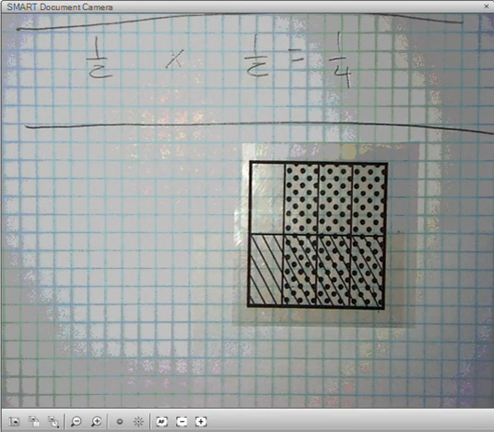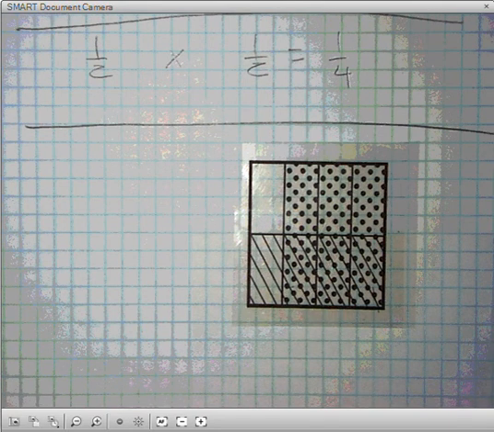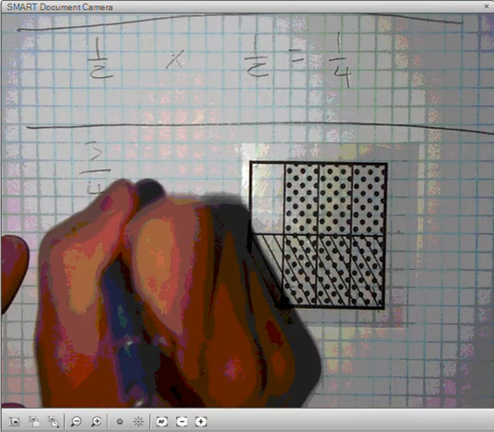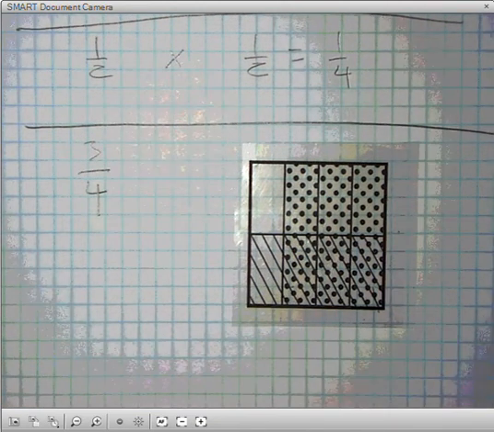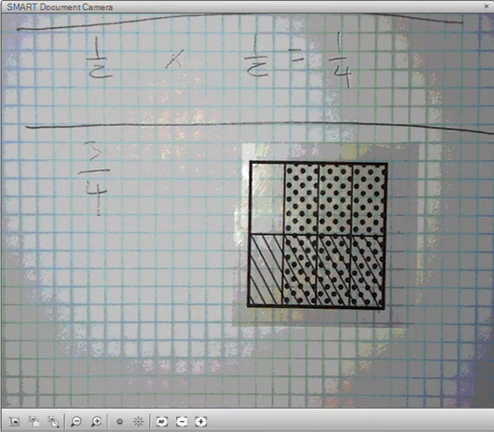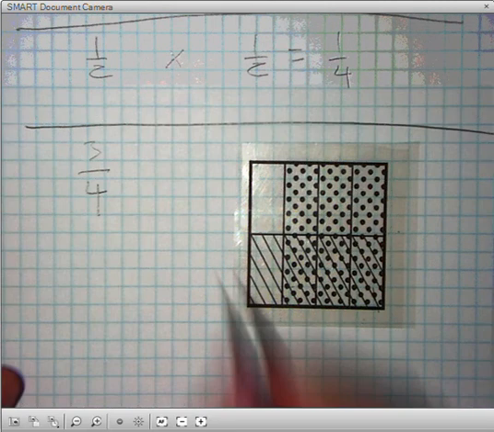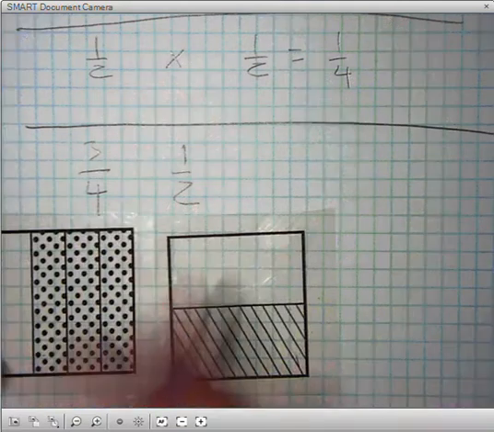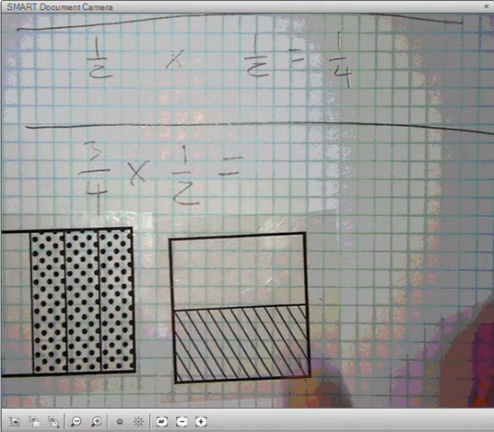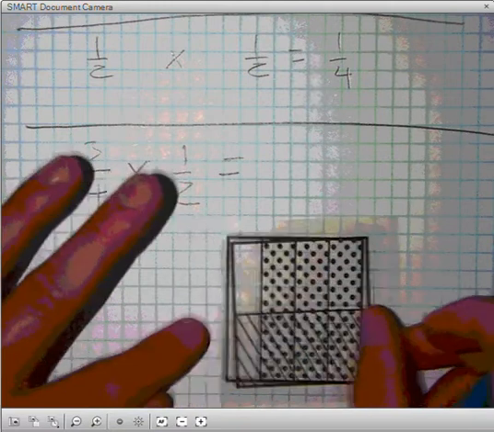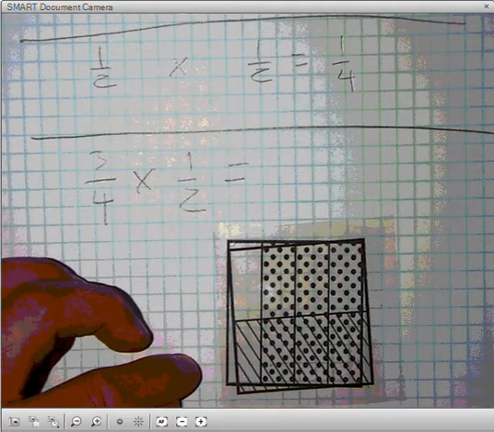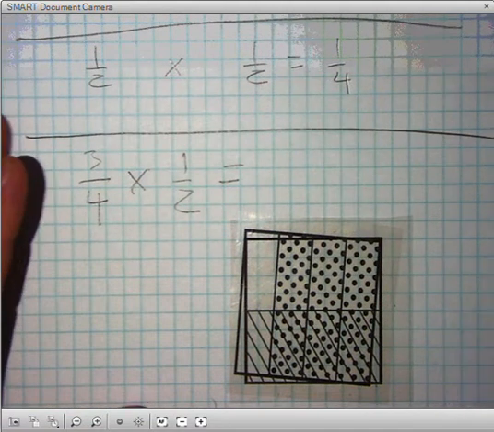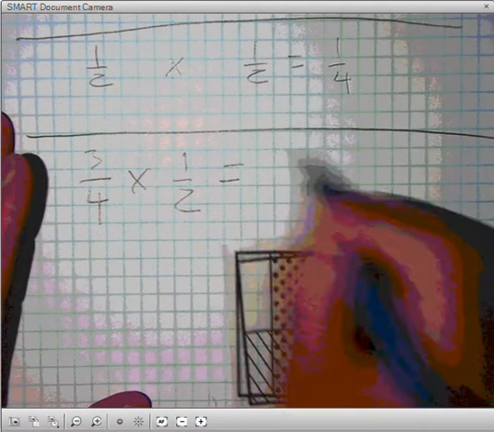Emma, give me one of them. So one of those fractions is going to be 3/4. What's the other fraction going to be? Luis? 1/2. I've got 1/2 and 3/4. When I multiply those together, what's my answer going to be? Lindsay? 3/8.